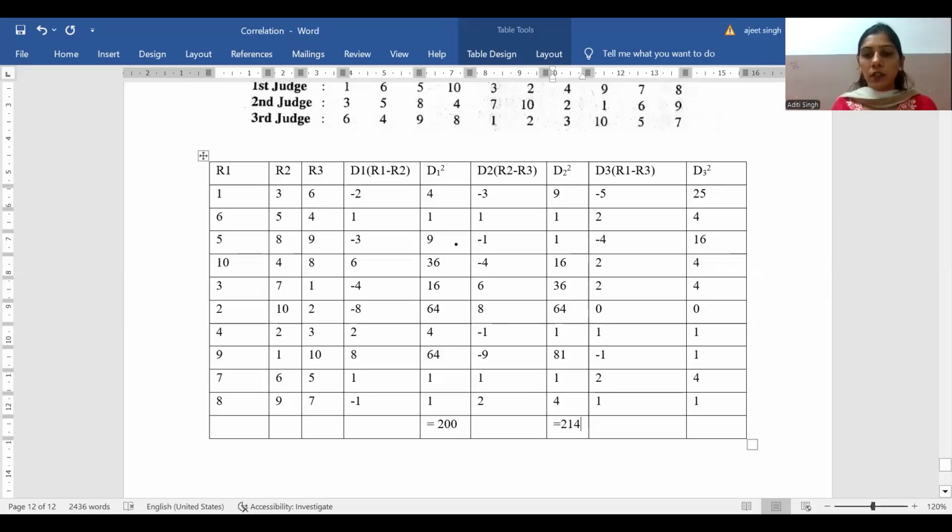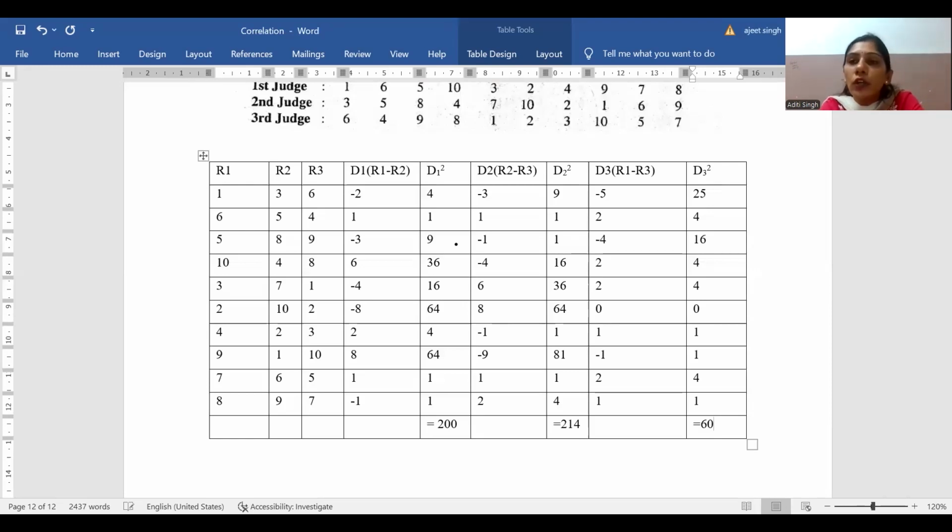Now D3 whole square: 25 plus 4, 16, 8 and 7. It's 60.